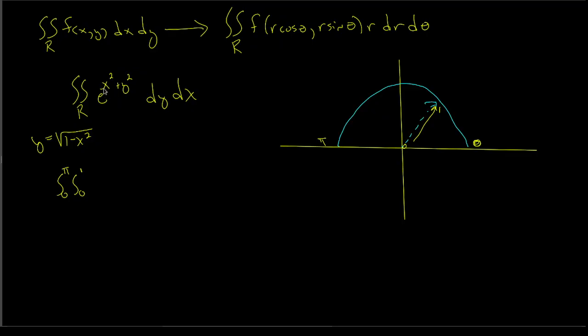And then we can ask ourselves, what is this function now in r cosine theta and r sine theta? Well, if we drop this in, this is going to give us r squared cosine squared plus r squared sine squared, which is e to the r squared. And now our outer factor will be r dr d theta.